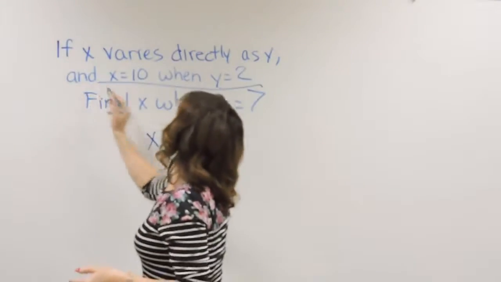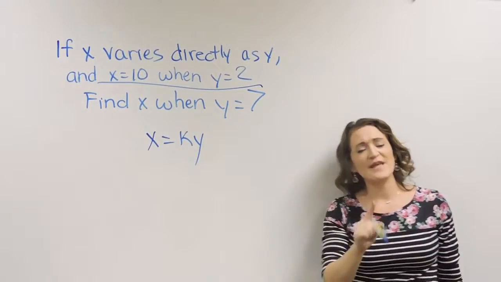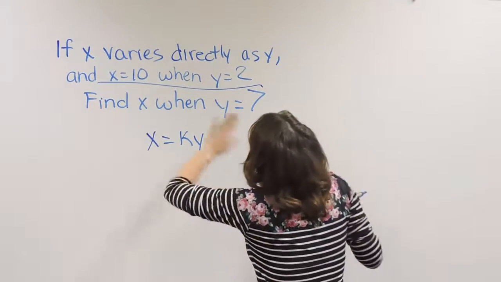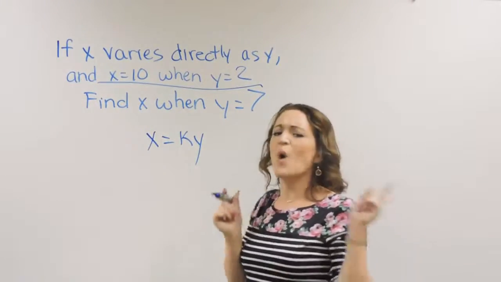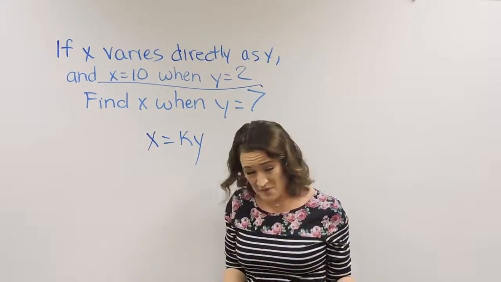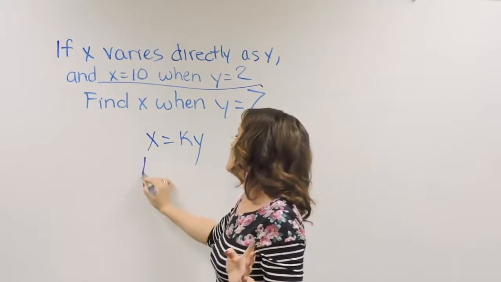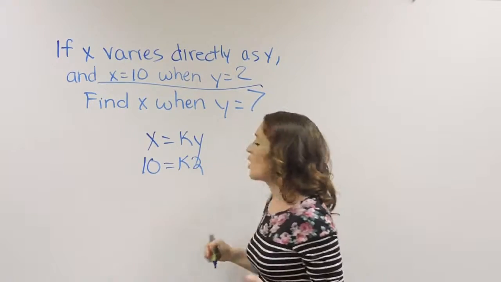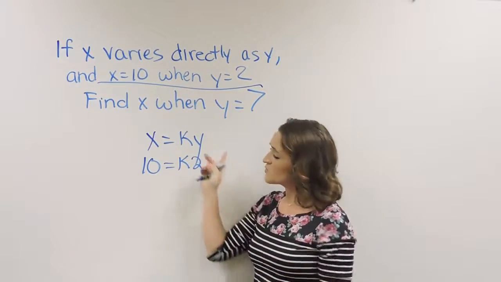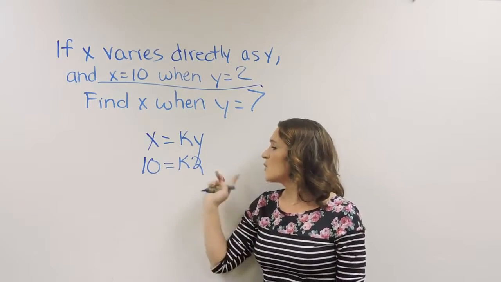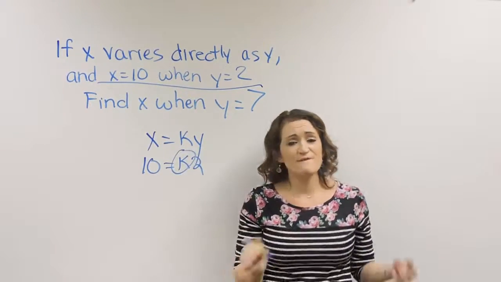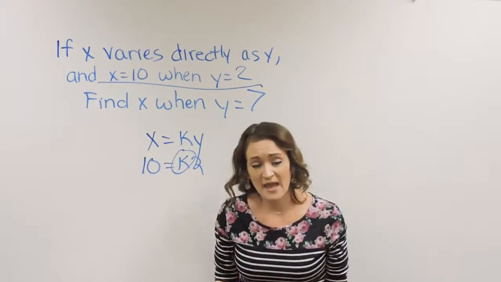They give us this first situation, and that's important. That is where we need to start. They said if X is 10 when Y is 2, go ahead and plug those values in. We're going to plug in that 10 for X and that 2 for Y so that we can figure out what K is.